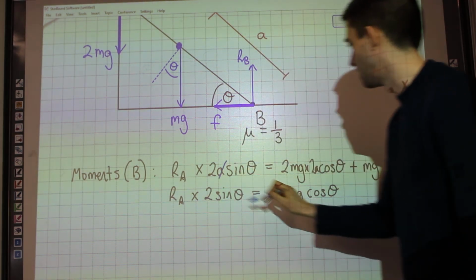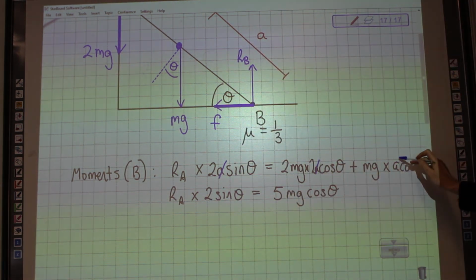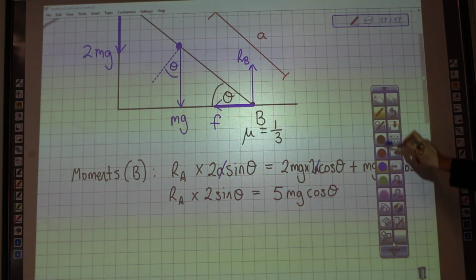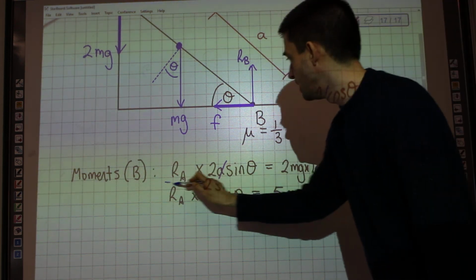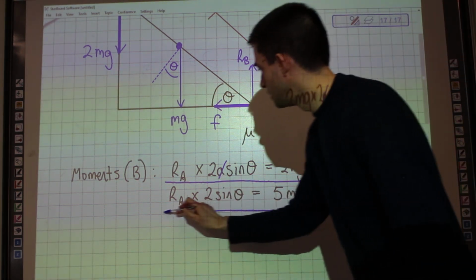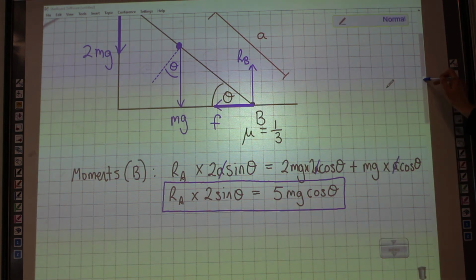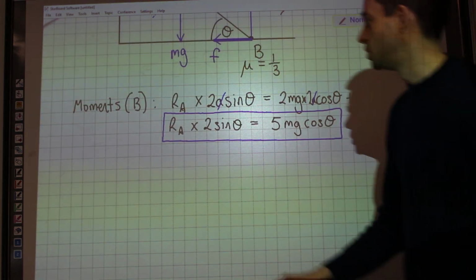And you'll notice what I've done is cancelled out the a's because they're all the same number. At the moment that isn't helping me find any unknowns, but it will later on, so I'm going to box that so I don't lose it and move on to the next thing, which is to resolve vertically.